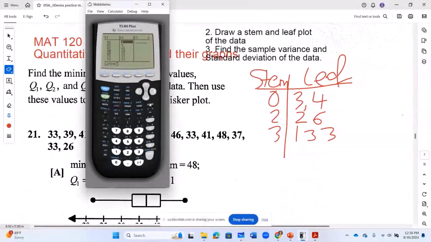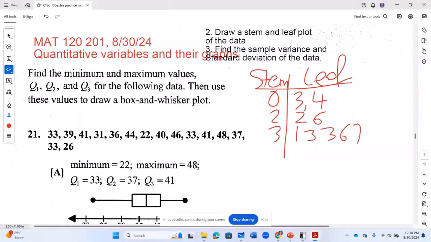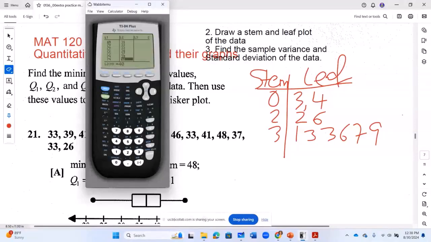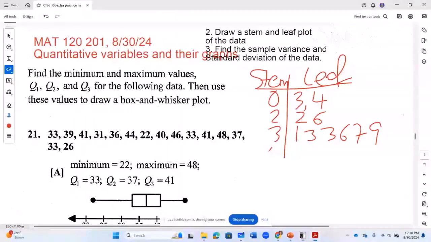Okay, so I'm going to check to make sure that I take advantage of all the numbers. So I did 2 33s and 36, 37, 39. Okay, so the next number is 40. So I put 0 here.